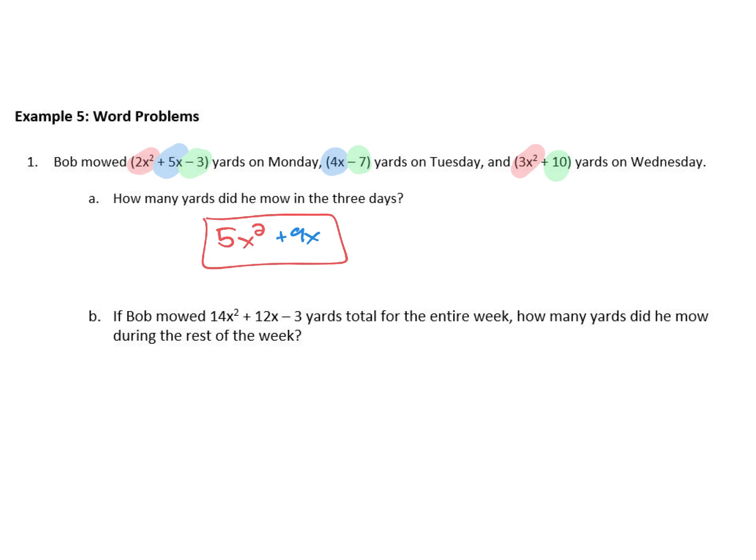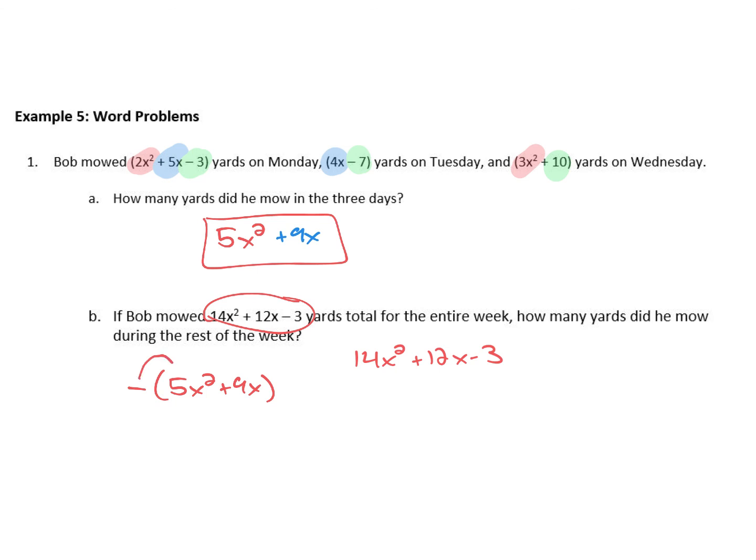Part B is saying if Bob mowed 14x squared plus 12x minus 3 yards total for the entire week, how many yards did he mow during the rest of the week? Well, this is going to be another one like our perimeter. If we know our total, 14x squared plus 12x minus 3, we know we need to subtract that 5x squared plus 9x to get rid of the 3 days we do know.